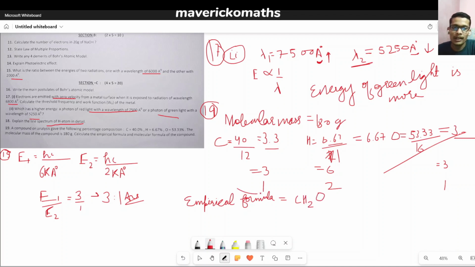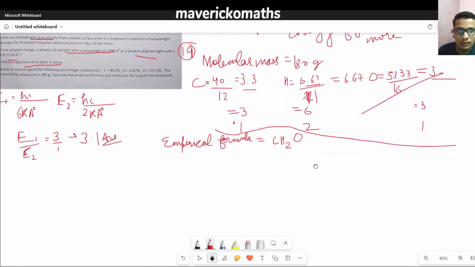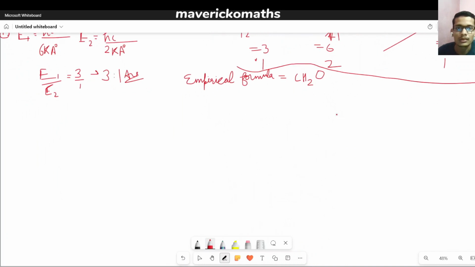CH2O is the empirical formula that I got. How so? See here. For C, I got 1 as the simplest whole number ratio, and for H, I got 2, and for O, I got 1. Now CH2O. Wait a minute, let me just drag it a little down or up. Yeah, now here we got some clear space.